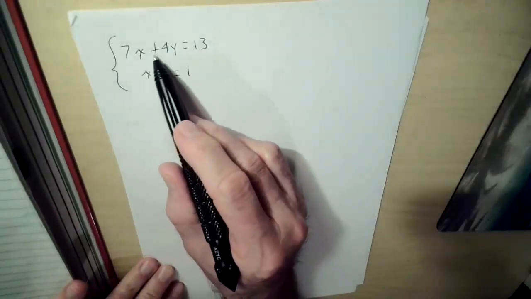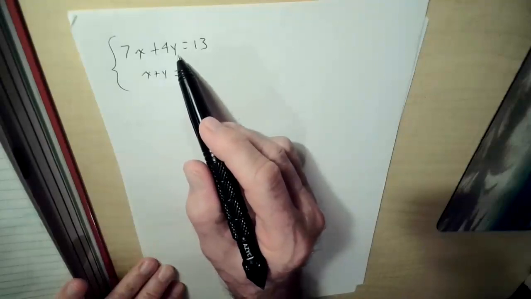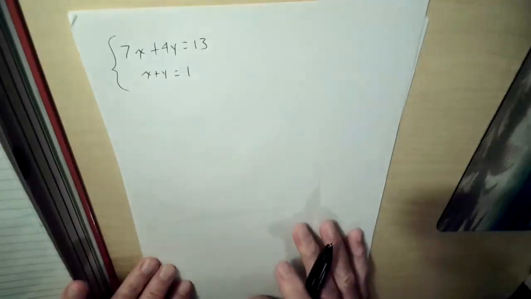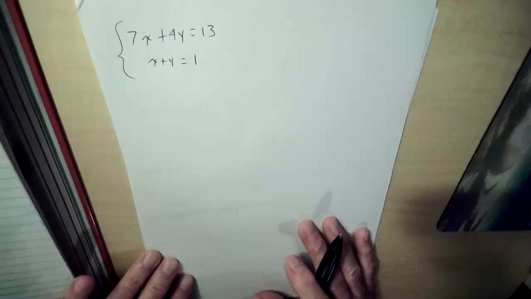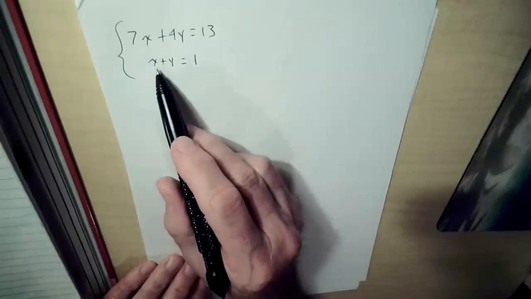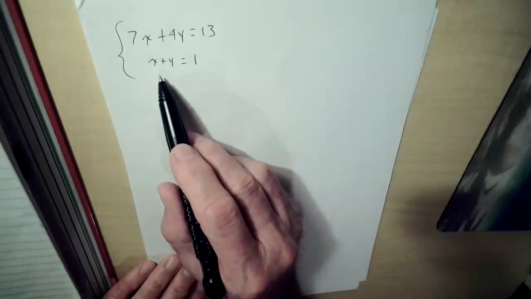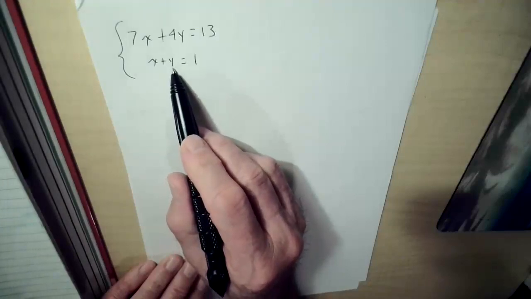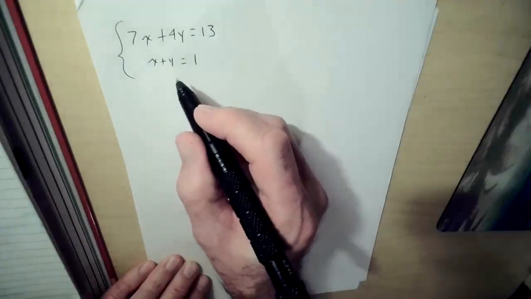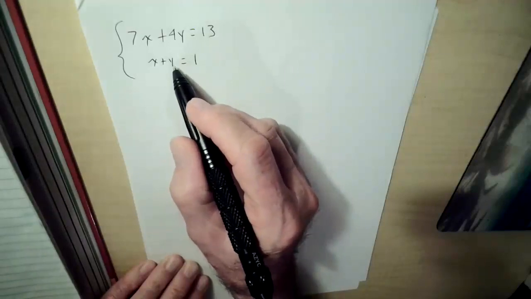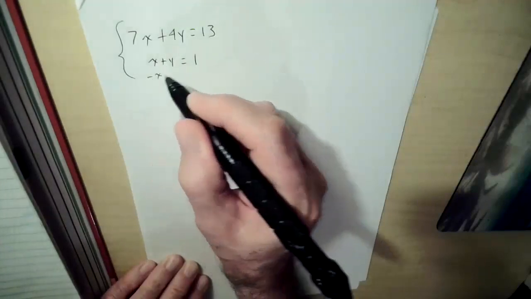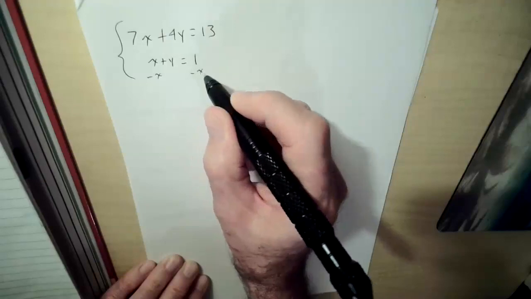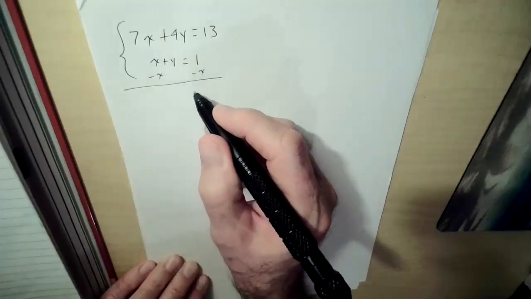Doesn't make any difference which one. This is the easiest one here. We could solve this for y, this one up here, x or y. Then you're going to end up with some godless fractions. Nobody wants that. So you can solve this for either one, x or y. Let's solve it for y.